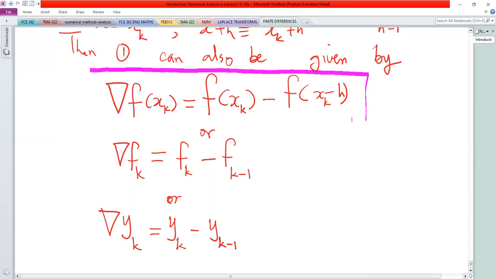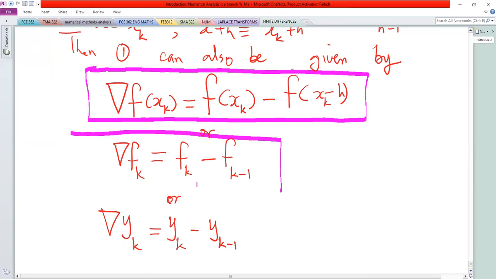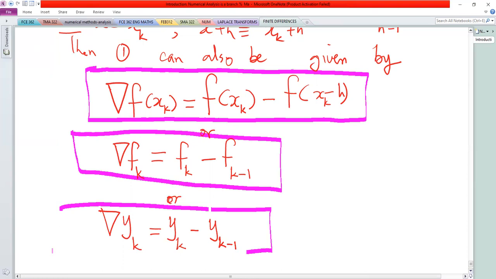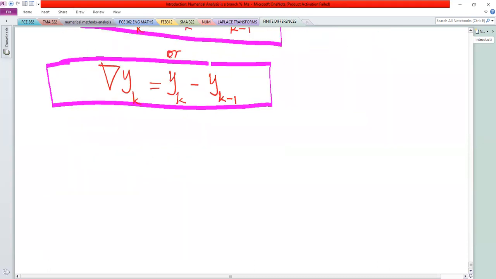We can give it in this form, or in this form, or in this form, or just from what we have in the first, backward of f of x is given by f of x minus f of x minus h.